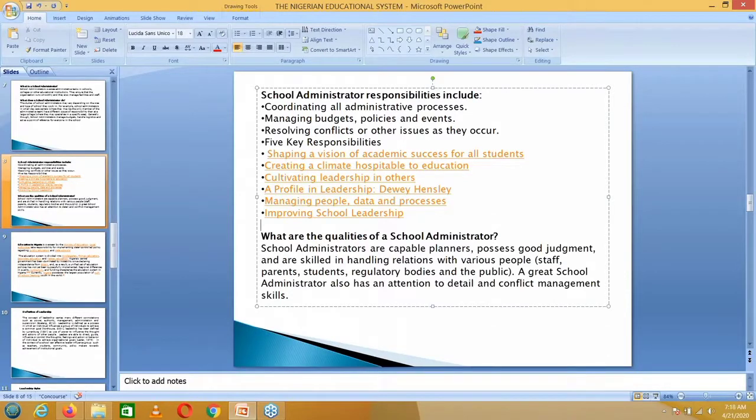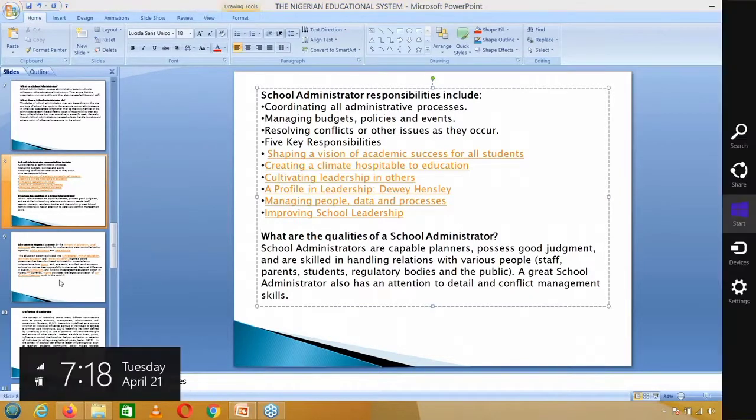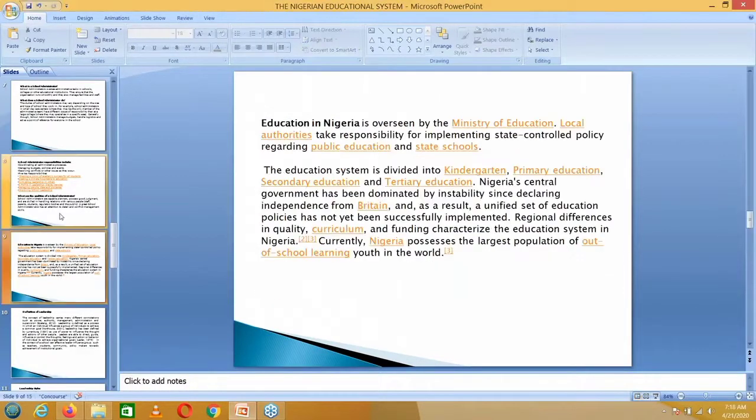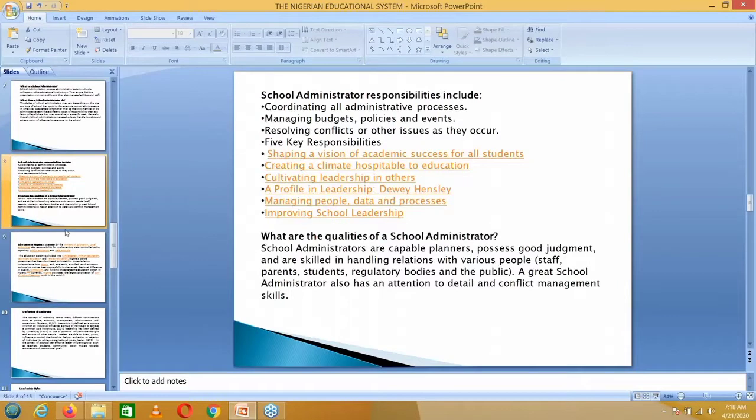Now, a great school administrator also has attention to detail and conflict management skills, how to manage conflicts that might come up within the school, among the staff, among the students, and all that. So it is very important and paramount to have detail and conflict management skills.